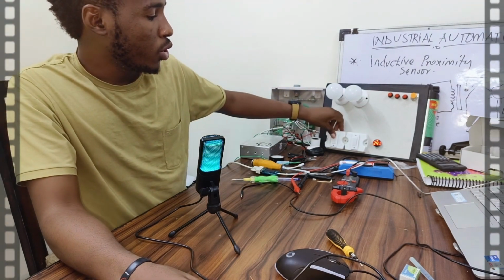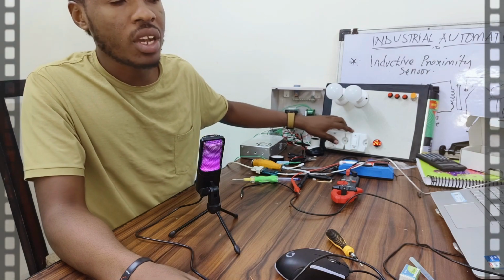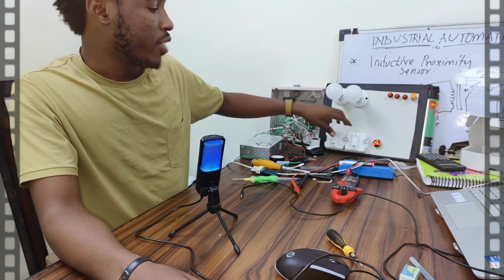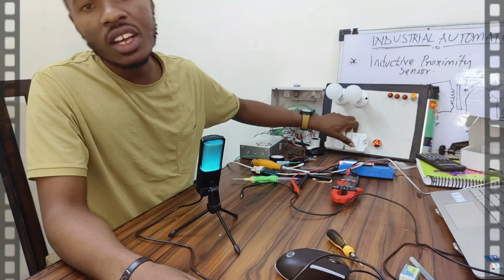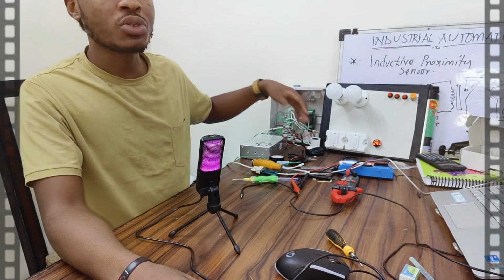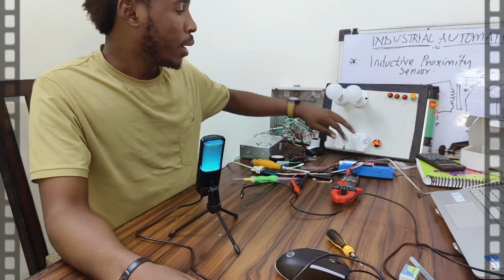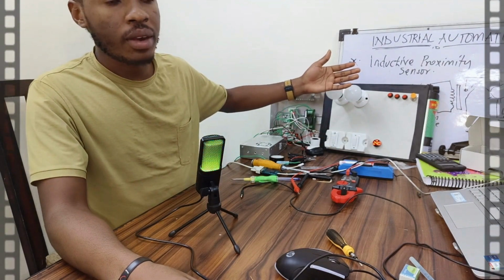You can see these are just AC switches that help to make and break. But even if they are on, nothing is going to take place, because we are dealing with automation and want to see the automation. So these ones are always going to be on, but we want to see how these ones operate.